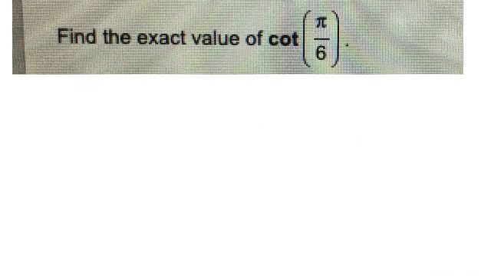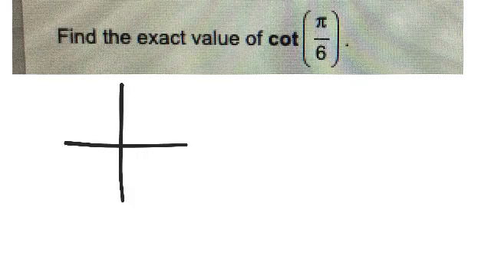It asks me to find the exact value of cotangent of pi over 6. From our notes, cotangent is x over y, or cosine over sine. In my head, though, I know it's the reciprocal of tangent.